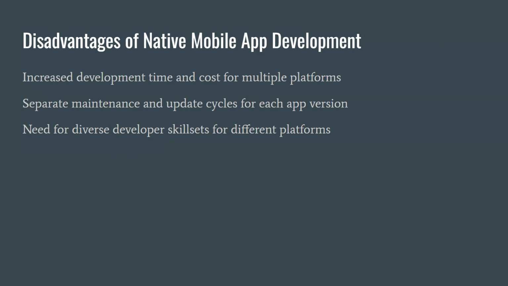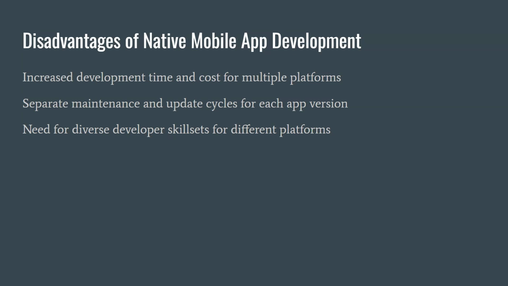What this means is, for example, you would have to maintain two separate apps for Android and iOS if you're targeting those two platforms, or more if you're targeting more platforms. And this not only increases development time, but also adds a lot of complexity to the maintenance and update cycles.